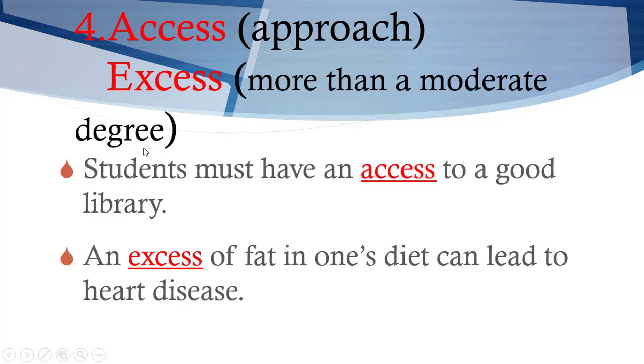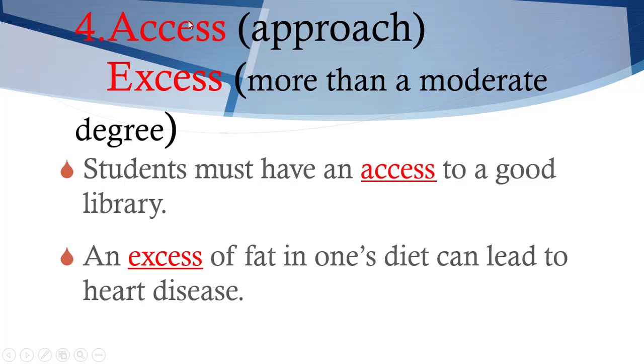Our fourth group of words is access and excess. The first word access means approach, reach. You can also say it as the range. Whereas the second word excess means more than a moderate degree, more than a set limit.